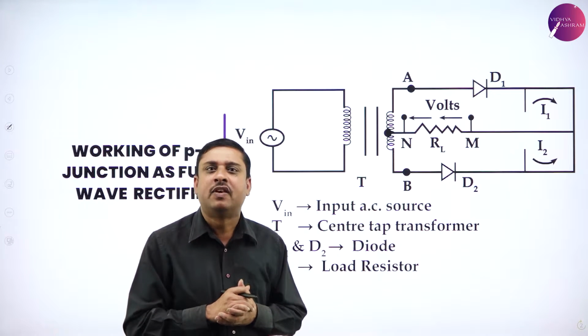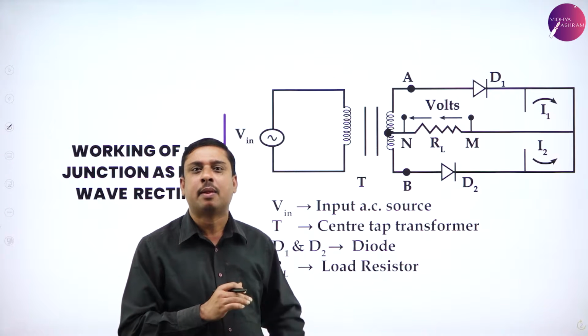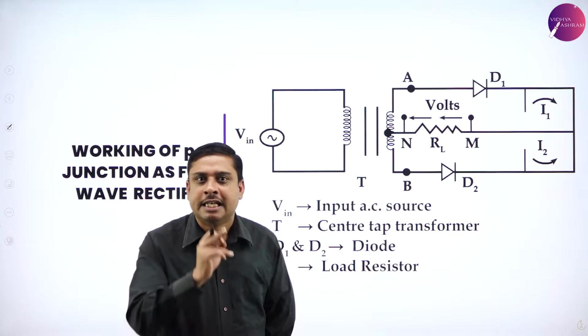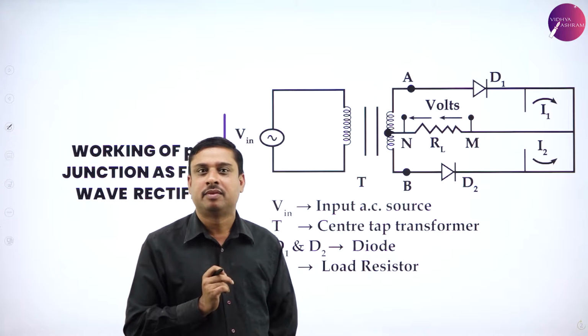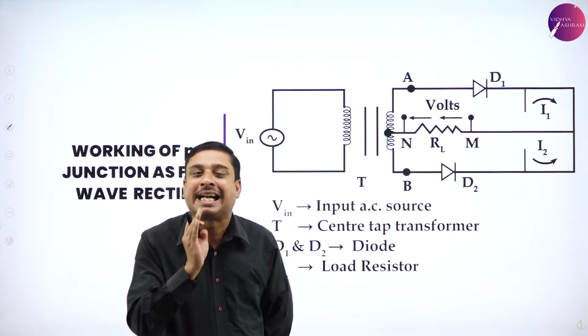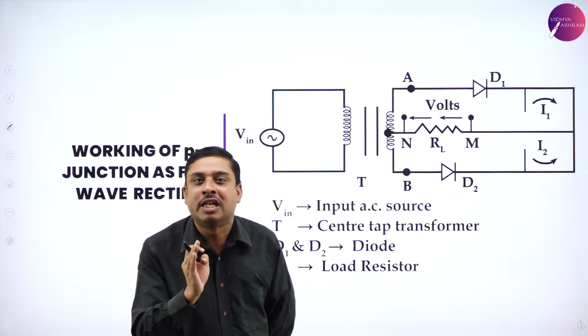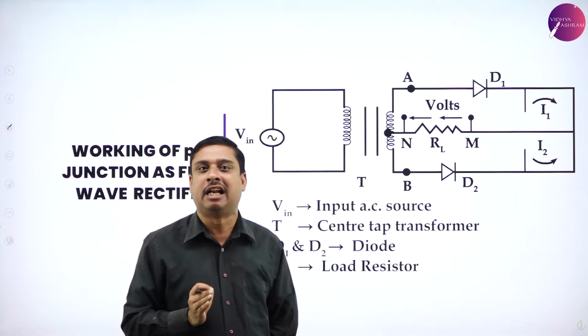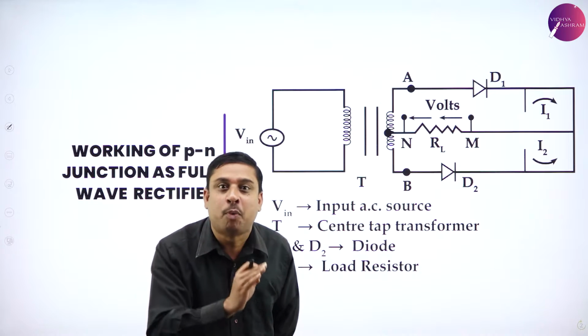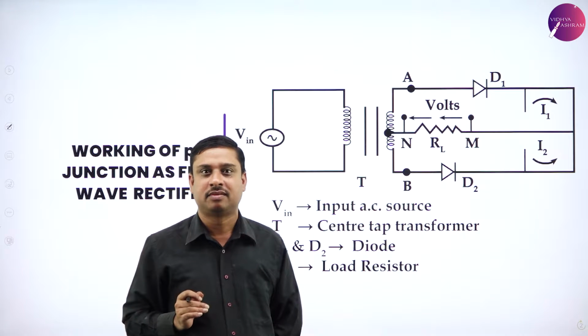When we learnt half wave rectification, you saw there was only one diode which rectified only the positive half cycle from the input AC signal.